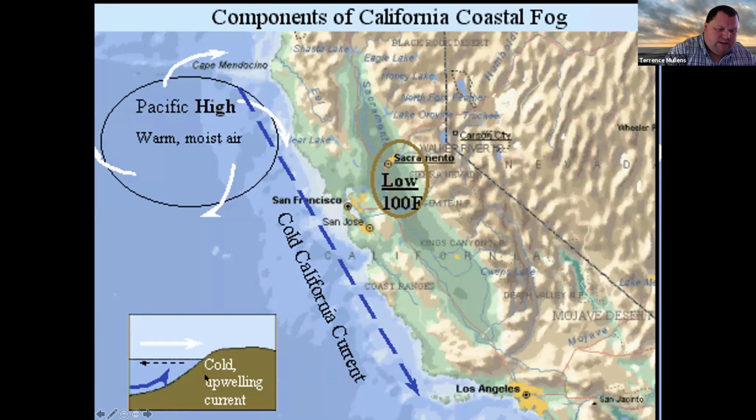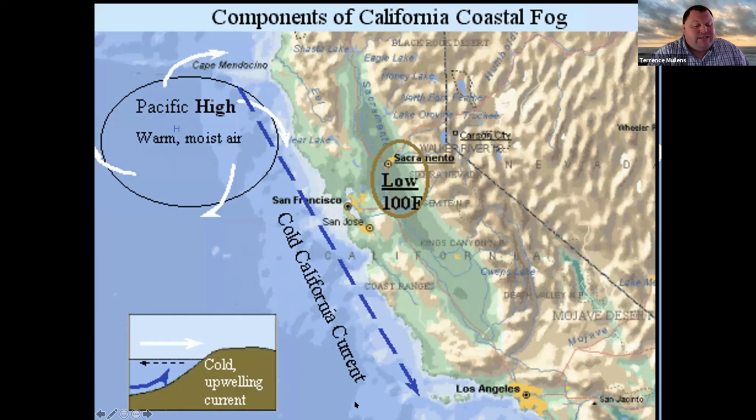So actually, let me plop in a big H first. So up here, we have this big high pressure system. Let's see if I can make that bigger. I don't think I can. Oh well. We have this big high pressure system.